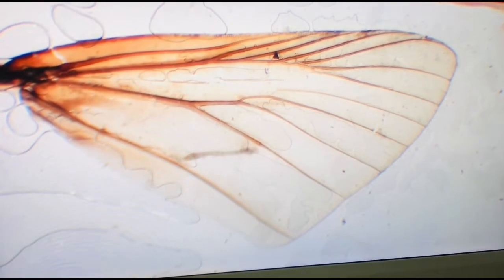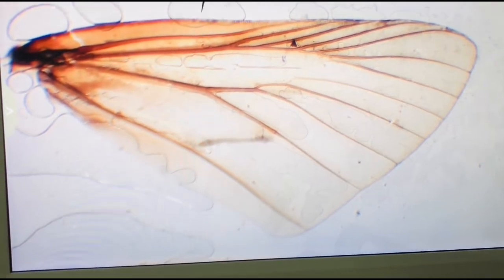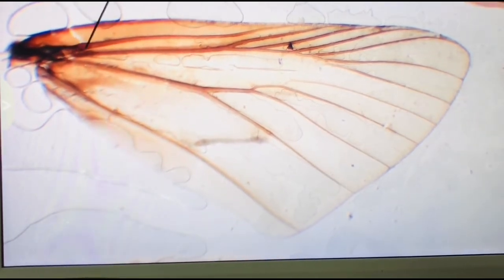It is triangular in shape and it has three angles: humeral angle, apical angle and anal angle. And it has three margins: costal margin, apical margin and anal margin. So it has three margins and three angles. And you see hollow tubular structures extending from base to the end. These are longitudinal veins.